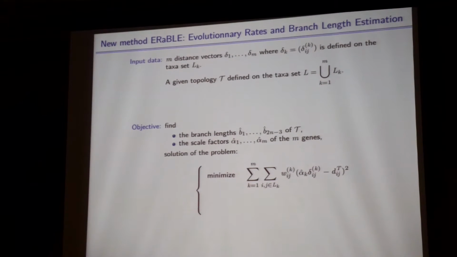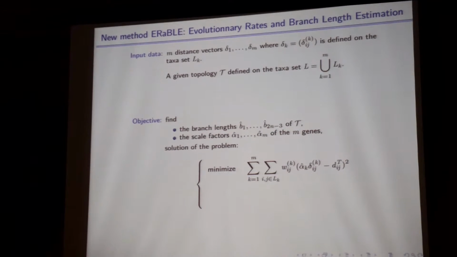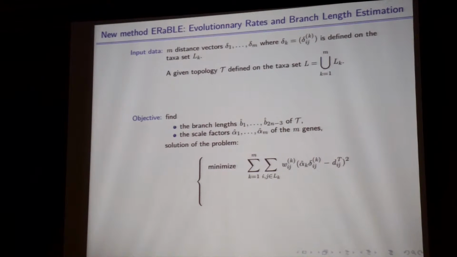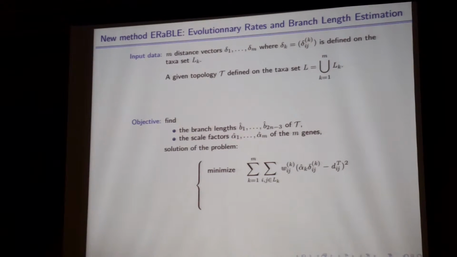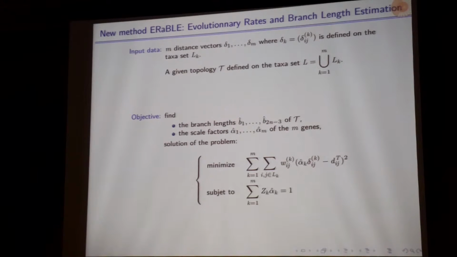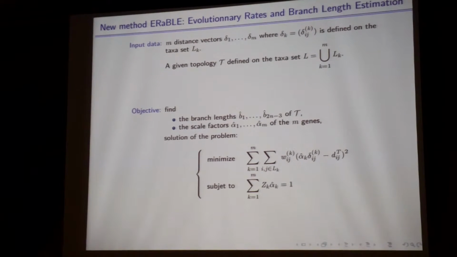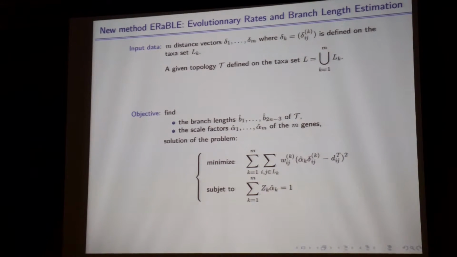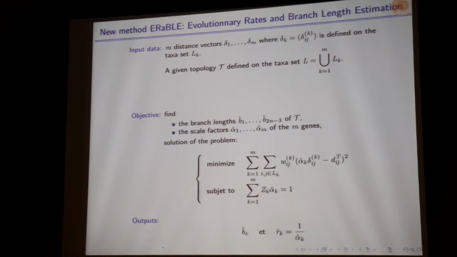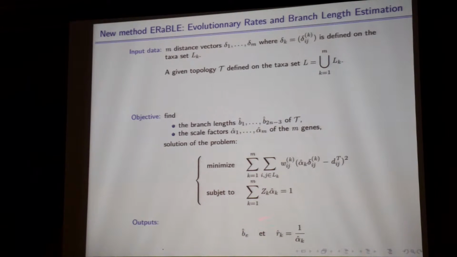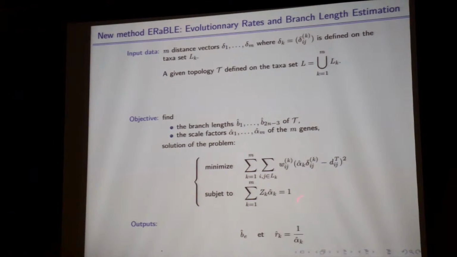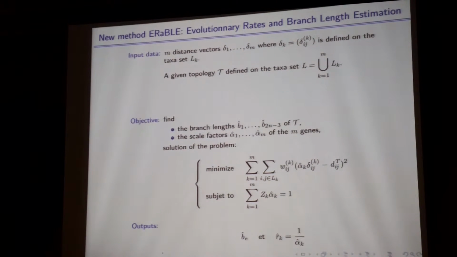To do this, we minimize this criterion, which is a generalization of the weighted least squares criterion I showed you just before. And we need to have a constraint on the scale factors to find the solution. The method outputs the branch lengths and the gene rates that are the inverses of the scale factors.